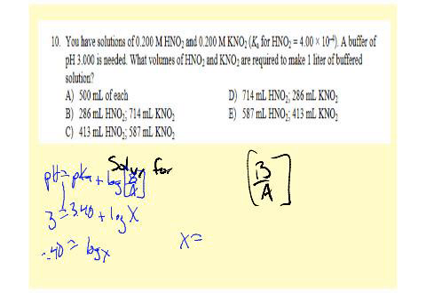Anti-log, negative 0.4, and I get 0.3981. Okay, so what that means is 0.3981 is my ratio of B over A.